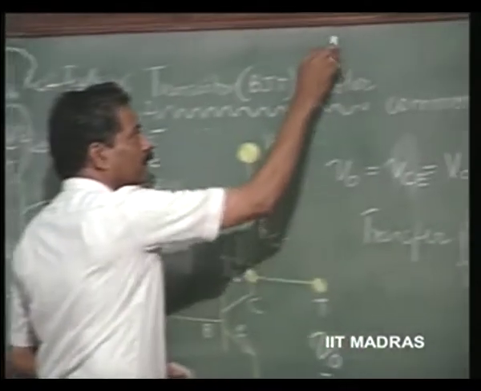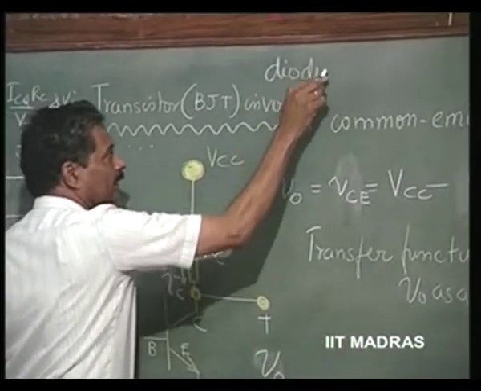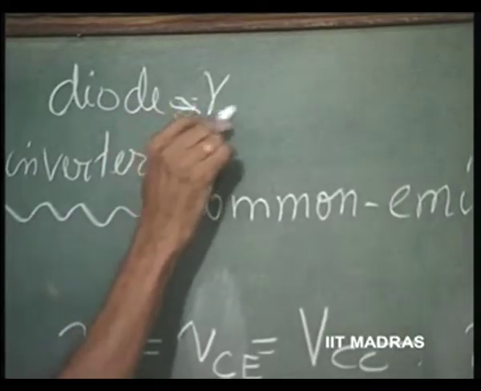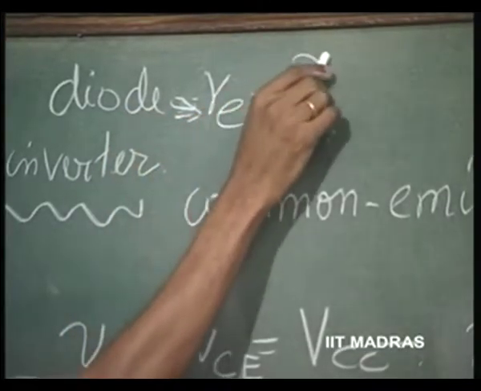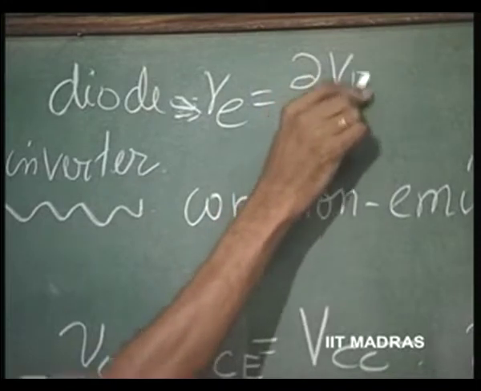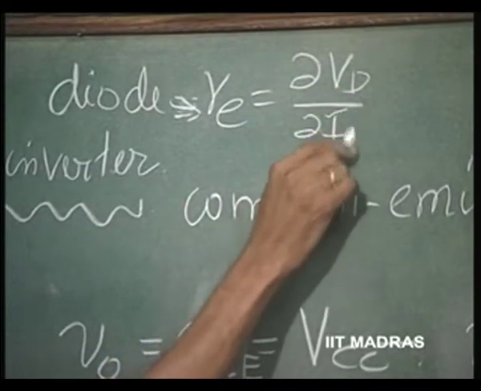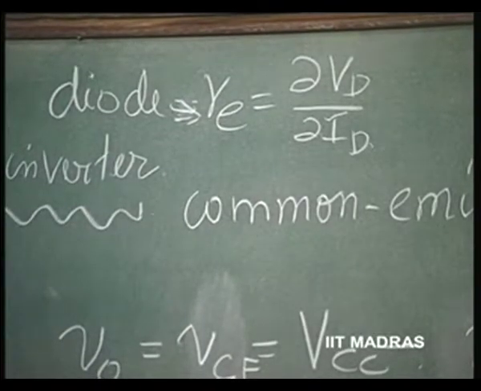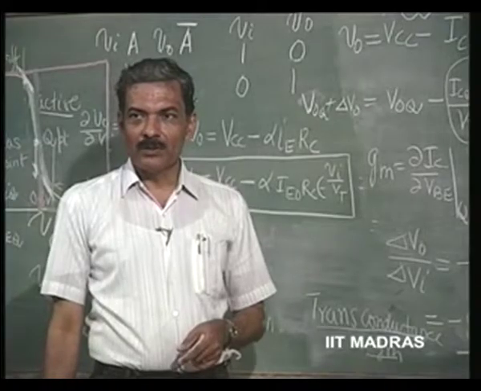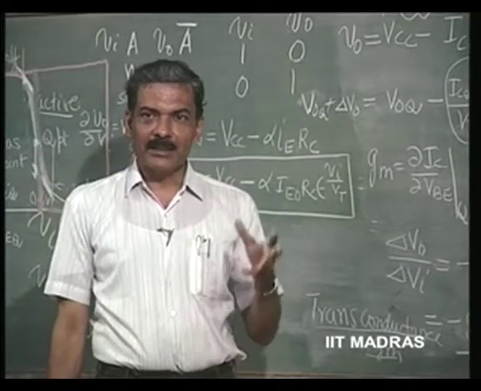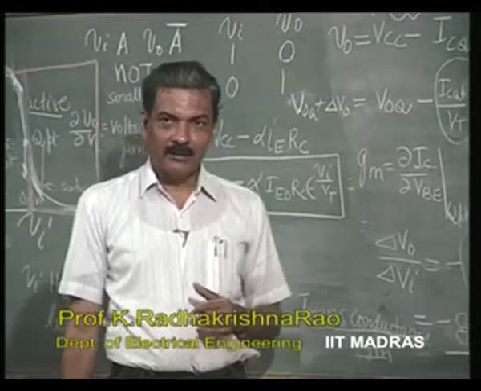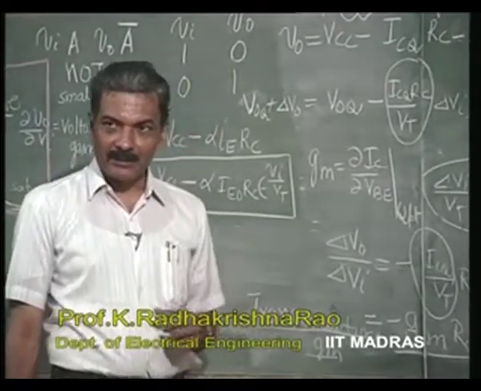Diode small signal resistance is nothing but re, which is delta V diode by delta I diode. So, Gm of a transistor is almost nearly 1 over re, or strictly speaking it is alpha over re, slightly less than 1 over re because of the factor alpha.